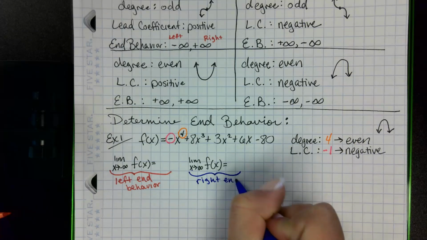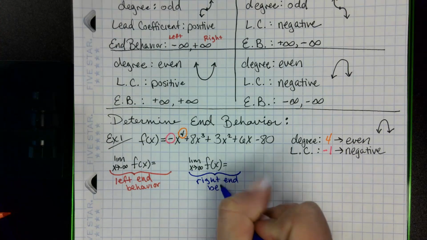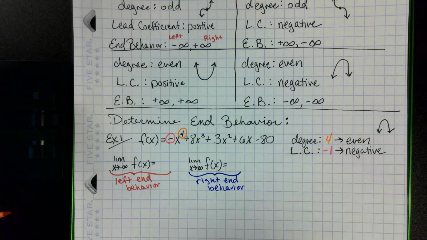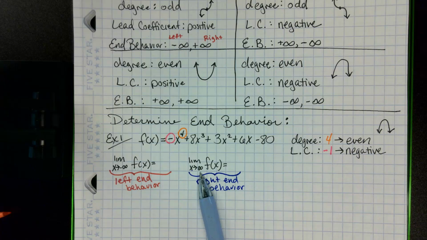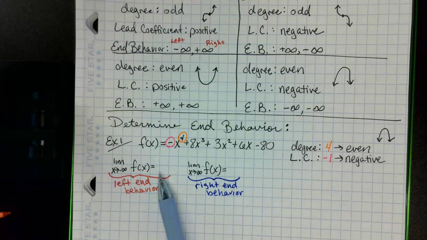Right end behavior. So this part will be the same for all of your functions. You're going to tell me what's going on the left side as x moves towards negative infinity from the origin and as x moves towards positive infinity from the origin. What it's equal to is what is y doing as x moves.